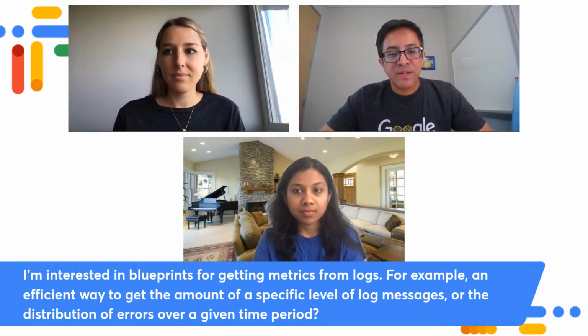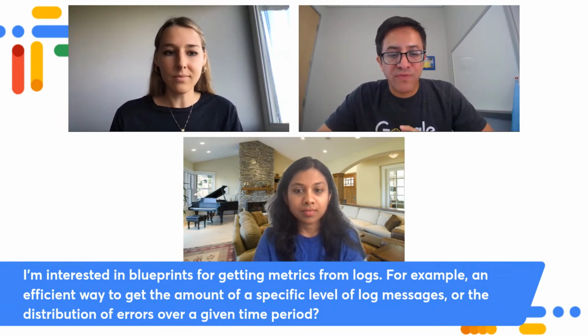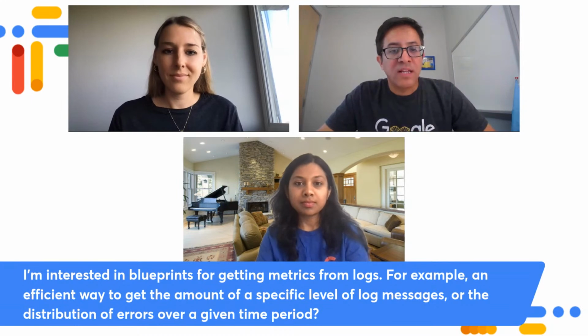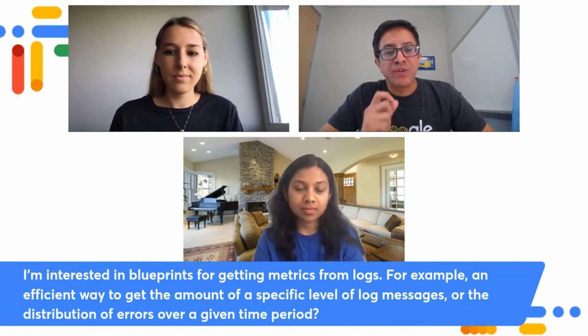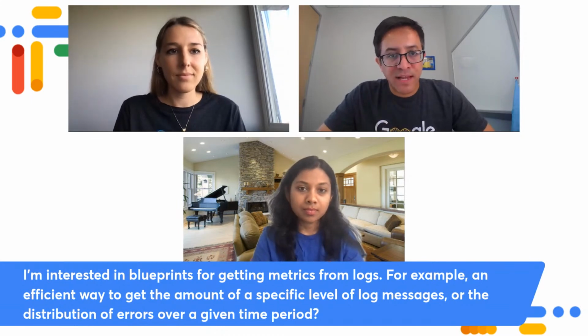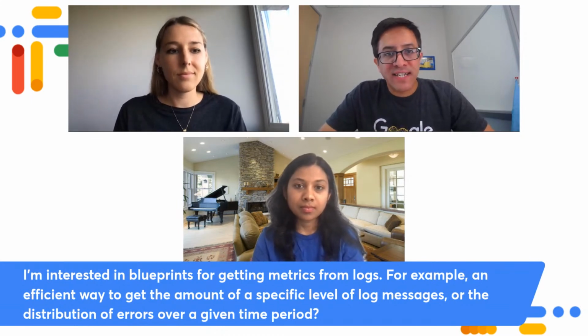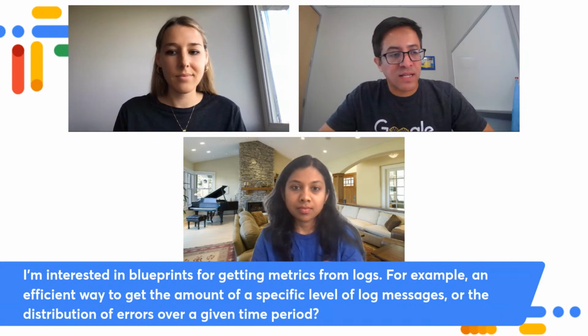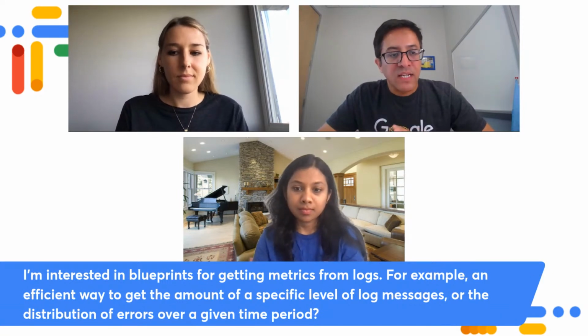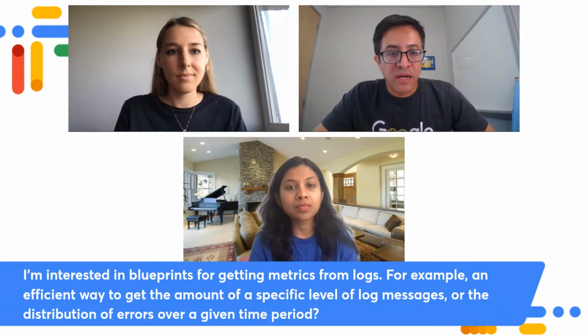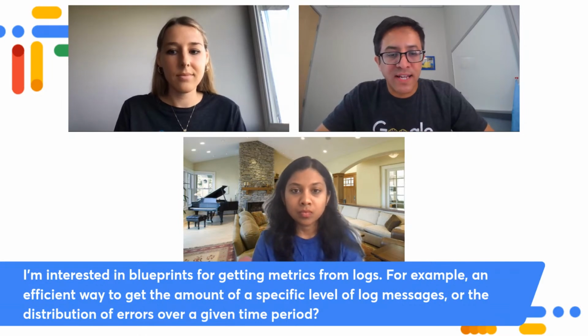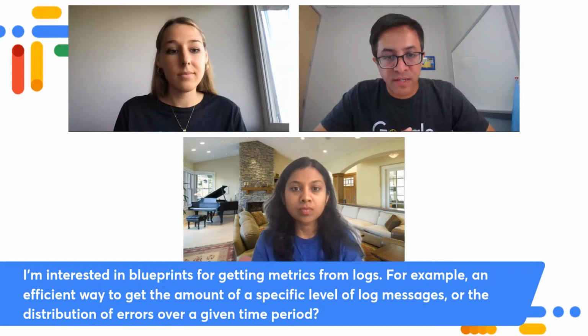So with log-based metrics, you can basically match certain patterns in logs. Once you find matching patterns, the log-based metrics can essentially count the number of matching logs. But you can also add custom labels to this metric by extracting some other fields out of the logs and putting them as labels, right? So this essentially creates a metric in cloud monitoring, which you can use to visualize in dashboards as well as create alerts out of it.